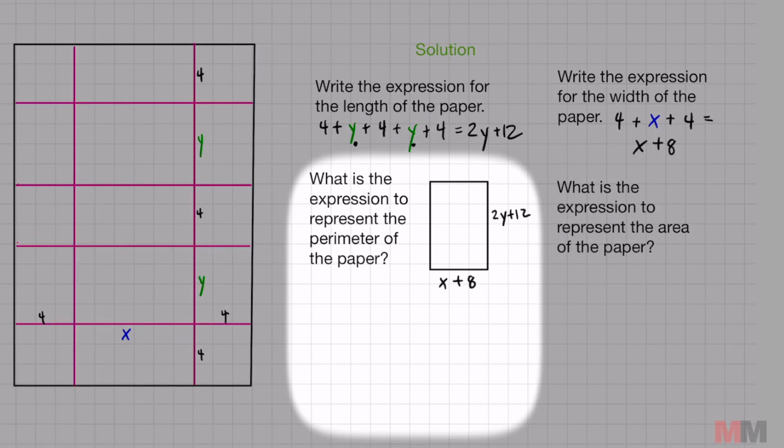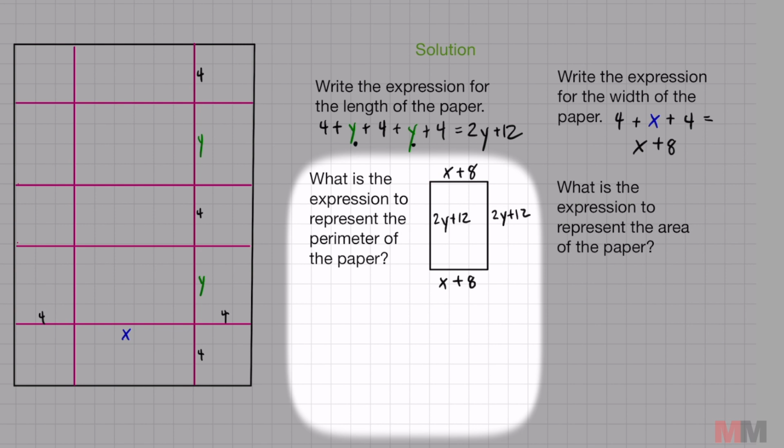The perimeter of a rectangle is just adding up all the sides, and it's not written, but the dimension on the top will also be X plus 8 because it has the same width as the bottom, and likewise this piece is going to be represented with 2Y plus 12.